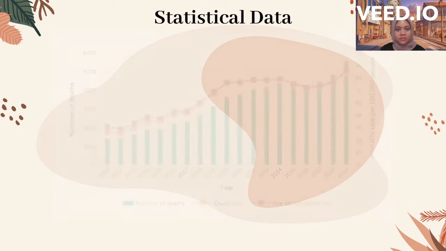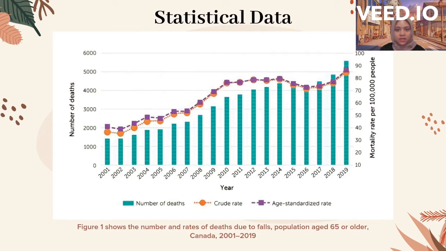In addition, based on the statistical data provided by Canadian Vital Statistics, it is observed from the graph that from 2001 to 2019, the annual number of deaths, crude and age-standardized mortality rates due to falls increased among people aged 65 or older.